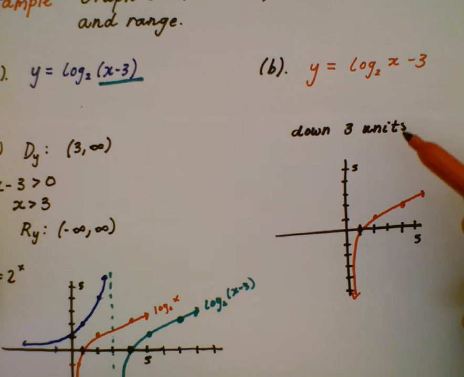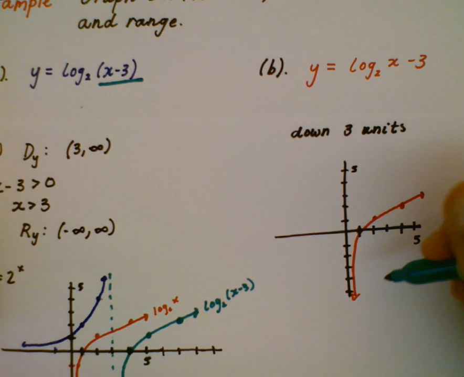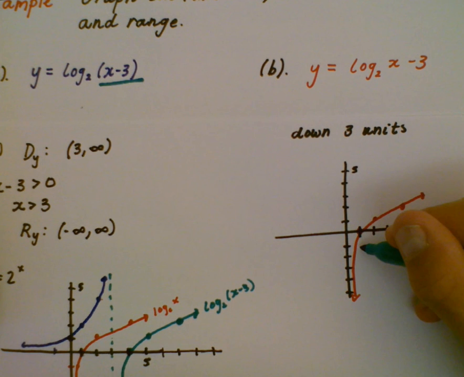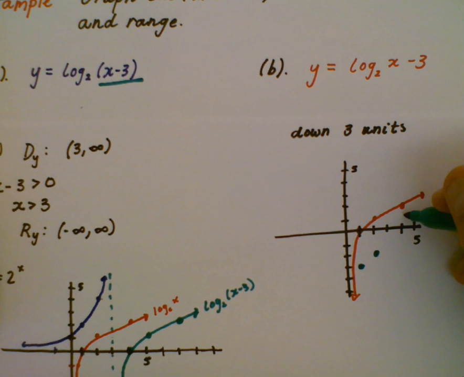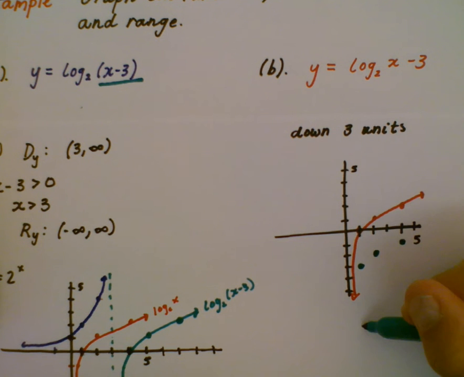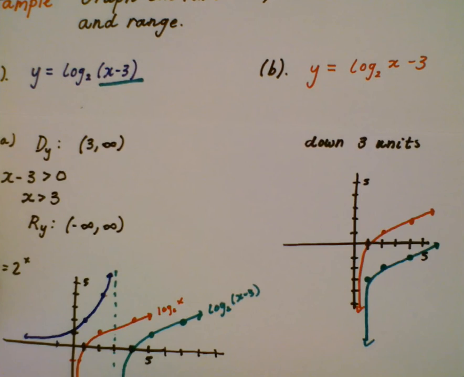Now I have to shift all of these points down 3 units. That's what this is saying. So let's shift them all down. Okay? So 1, 2, 3, 1, 2, 3, 1, 2, 3, and our graph is going to look something like this. Okay, I shifted all those points down 3 units.